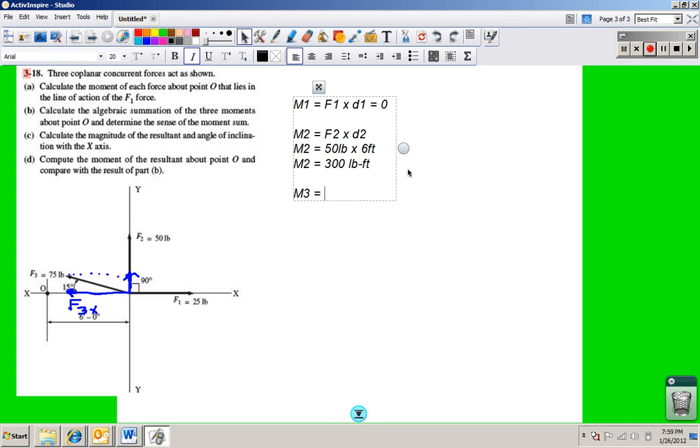Alright, so we take it and say M3 is equal to F3 in the y direction times D3, and that means that M3 is equal to 75 pounds times sine of 15 degrees times the distance again, which is 6 feet.